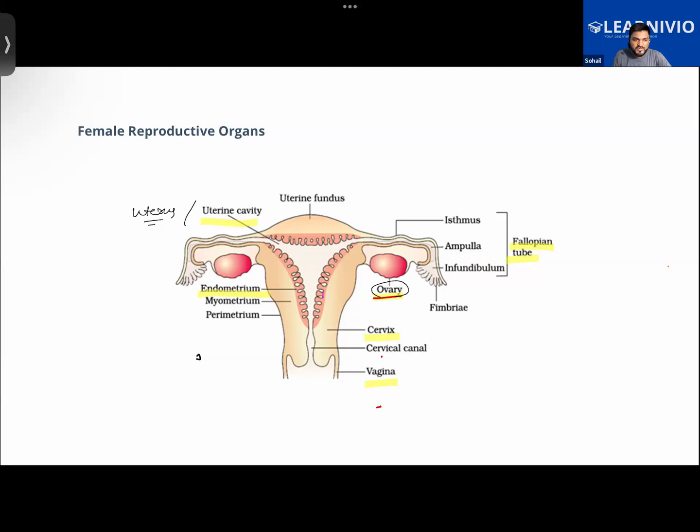Also, the progesterone will help to bring about all the necessary changes in the early stages of pregnancy. By the way, estrogen is also released in some quantity. So in the early stages of the pregnancy, lots of estrogen and progesterone will be secreted.